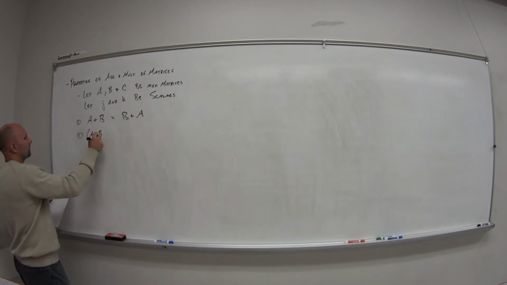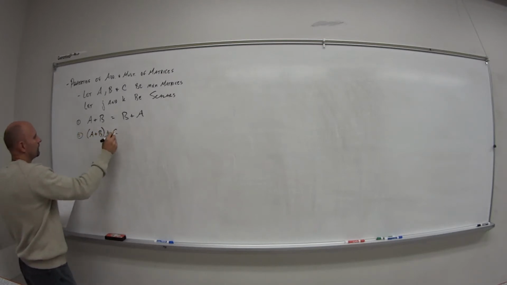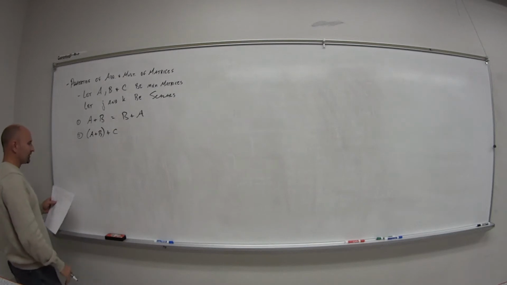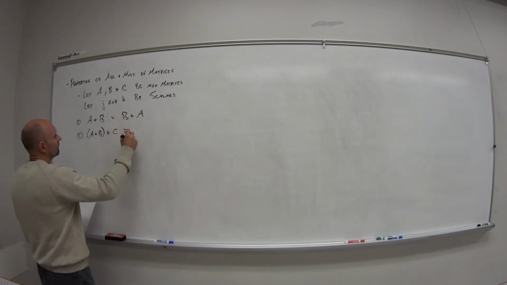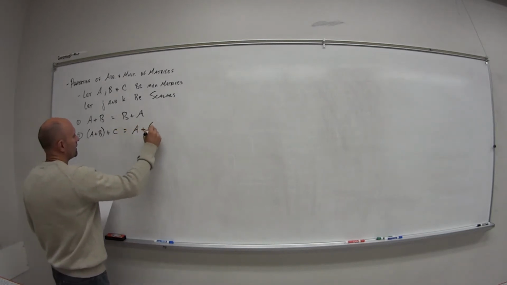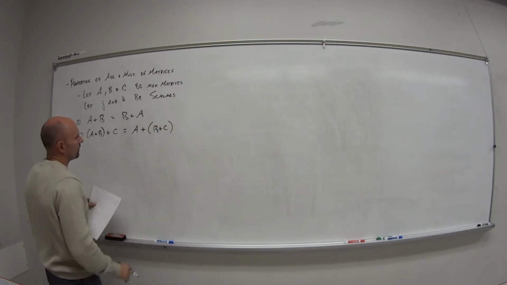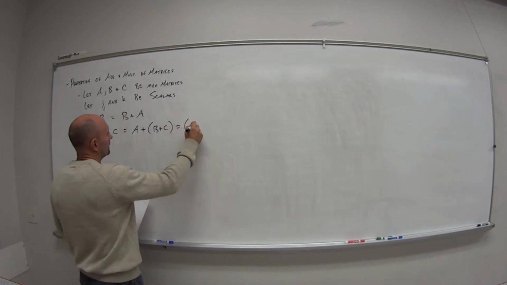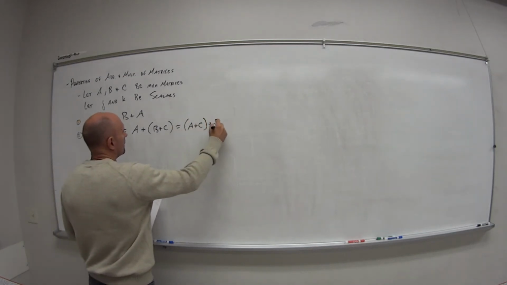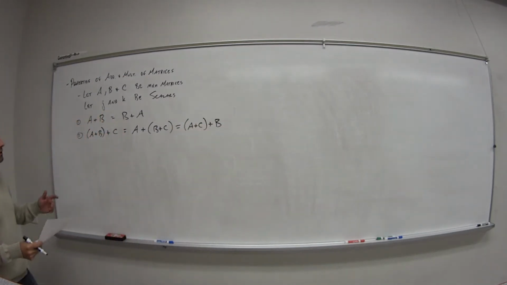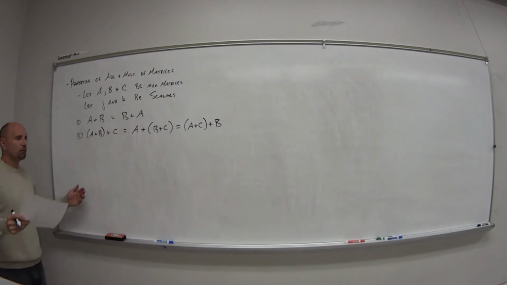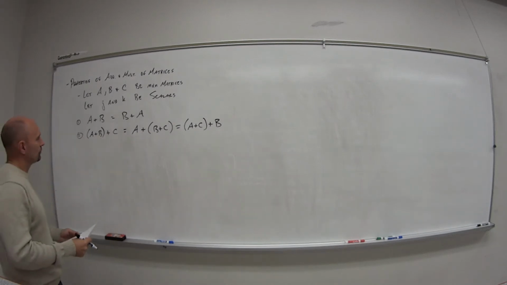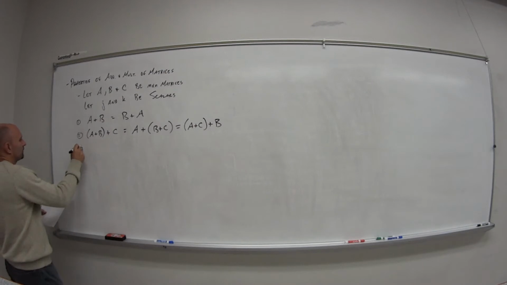If I add A plus B, and then add a third matrix C, it's the same as if I add the matrix A to B plus C. And realistically, we could add A and C, and then add the matrix B. So it doesn't matter how we group them together, we get the same answer.